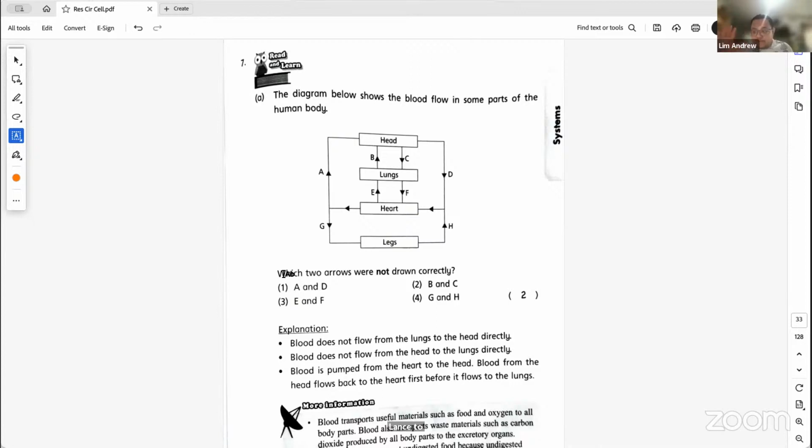Once you remember this concept, you are ready to tackle this question. When the question says that there are two arrows not drawn correctly, it means there are two things that are wrong. So always take a highlighter to draw.